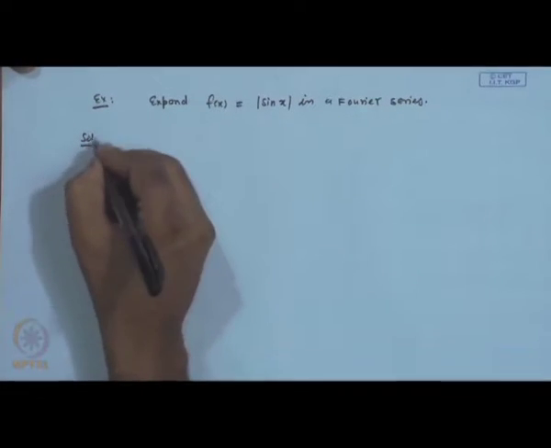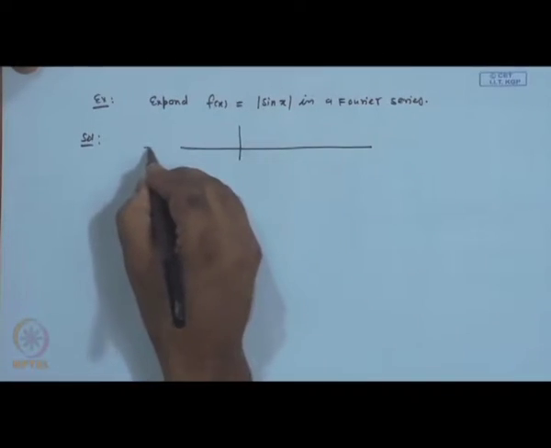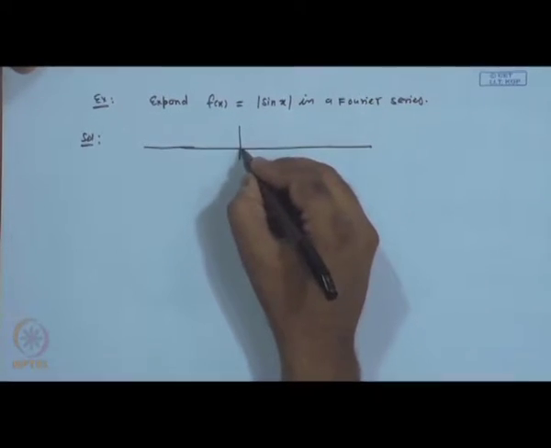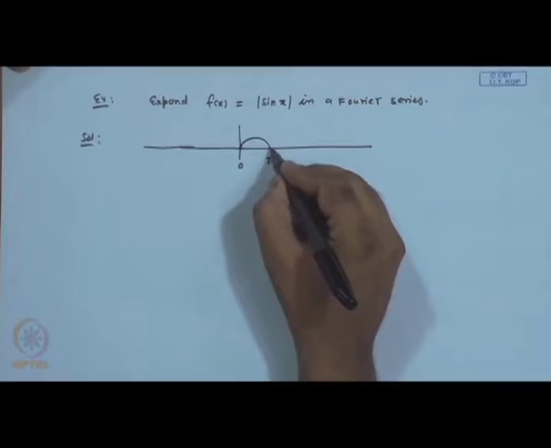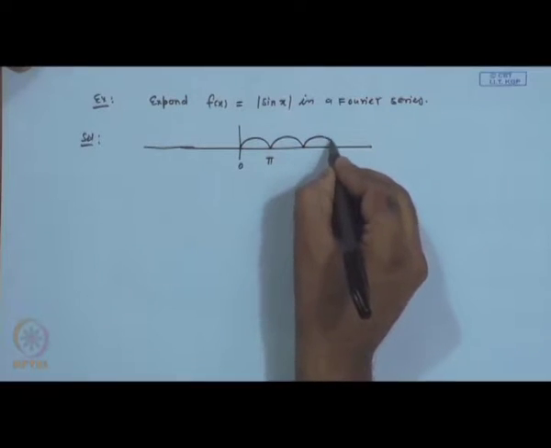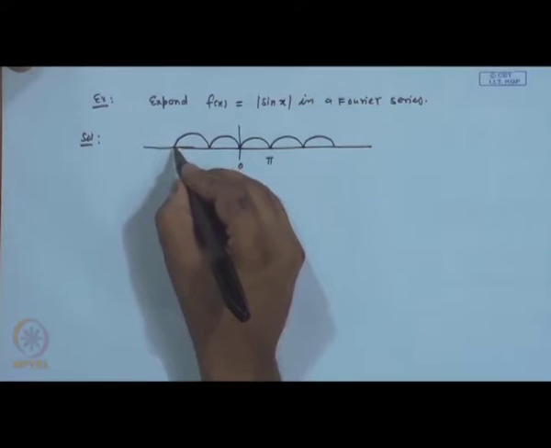Now if we see this function, what we observe is that it is 0 to pi and so on. It is a modulus, so we do not have the negative part.